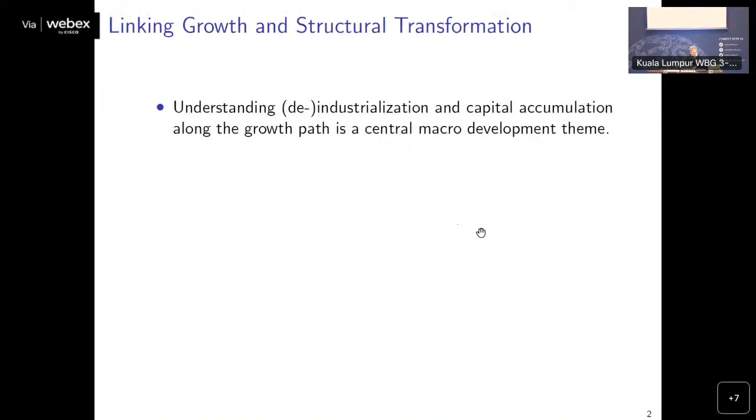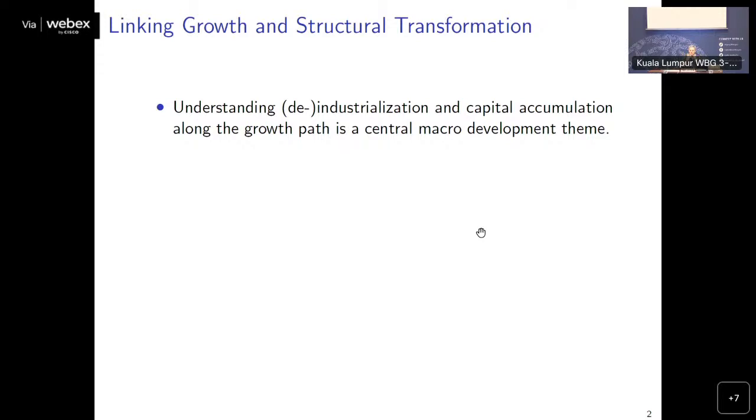So this paper connects with what I was talking about yesterday. I think of the central question in macro development as understanding the process of industrialization, deindustrialization, and capital accumulation along your growth path, understanding how countries industrialize and grow.